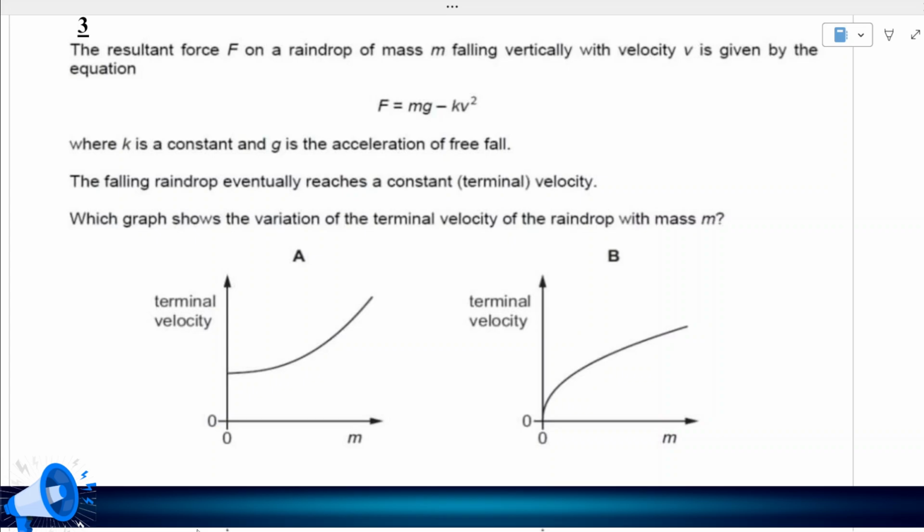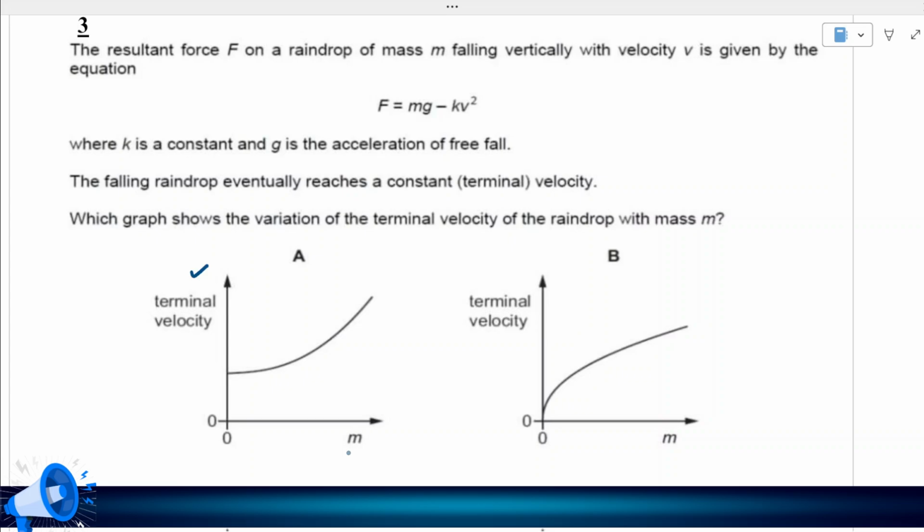So the resultant force on a raindrop of mass m falling vertically with velocity v is given by the equation. We need to find the relation between terminal velocity v and mass. So I need to put v on the y-axis and I need to put mass on the x-axis.